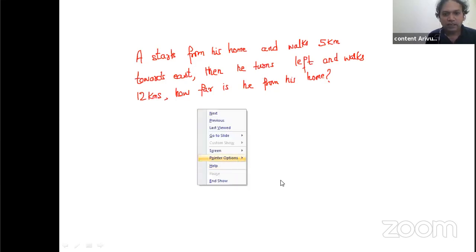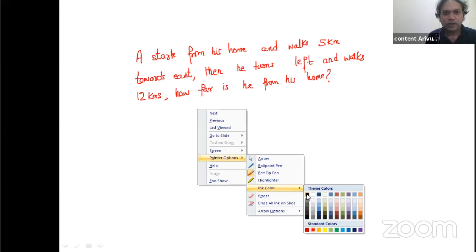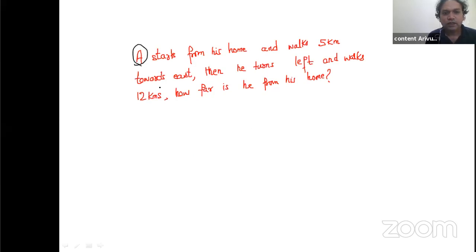So let's look at the answer here. A starts from his home. So let's say this is his home, and walks 5 kilometers towards east. So we know north, south, east, west. He goes 5 kilometers towards east.